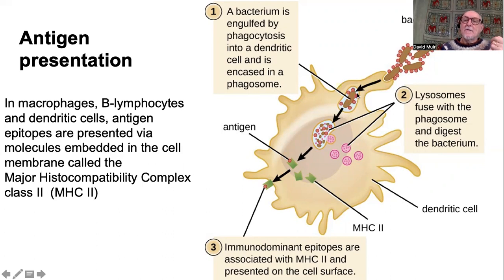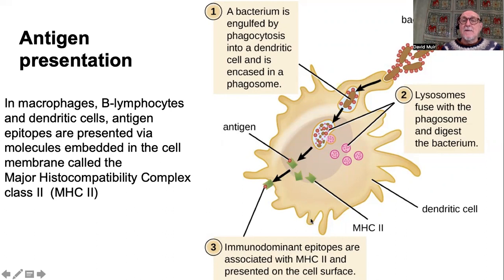Now, something that's important to realize is that something as complex as a bacterium may contain many, many, many smaller portions which can be exposed. So the digestive process cuts up some major antigen, like a bacterium, into very small antigenic portions. And those tiny antigenic portions are what end up getting exposed on the surface by MHC class II.